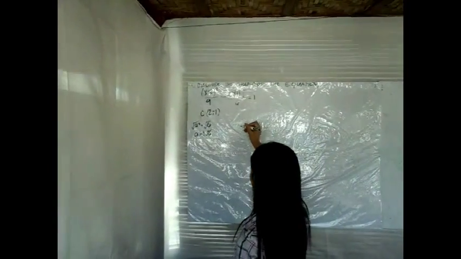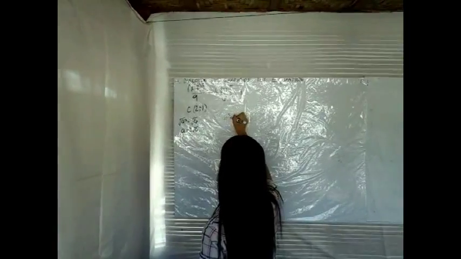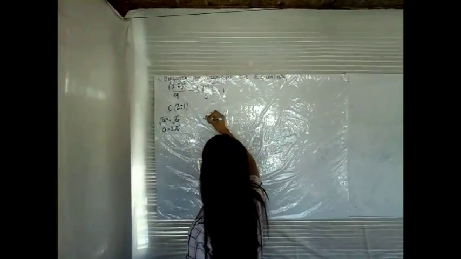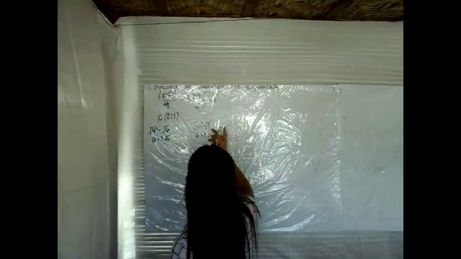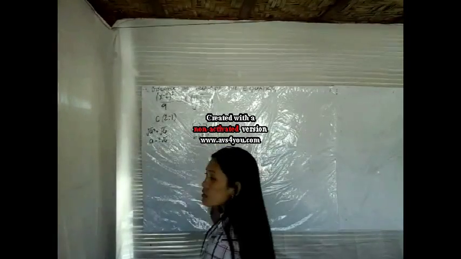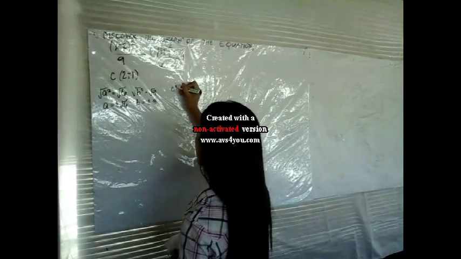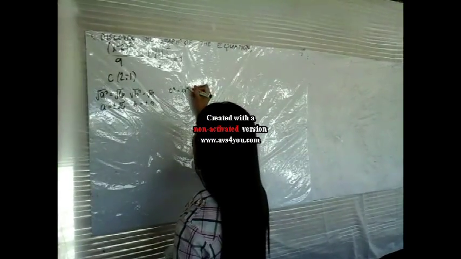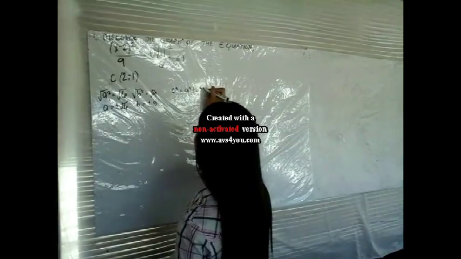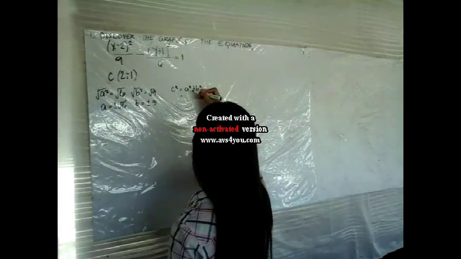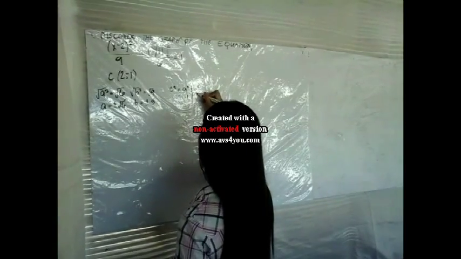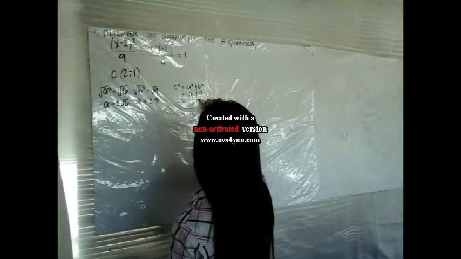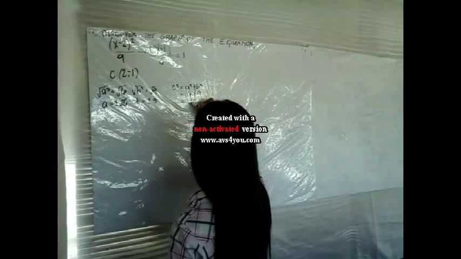Our b squared is equal to 9, and by taking the square root, b is equal to positive negative 3. Our c squared, by having this formula a squared plus b squared, equals the value of our a squared, 6, plus the value of our b squared, 9. Then 6 plus 9 is equal to 15.